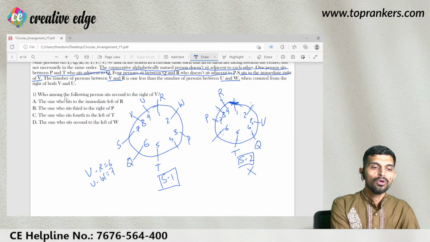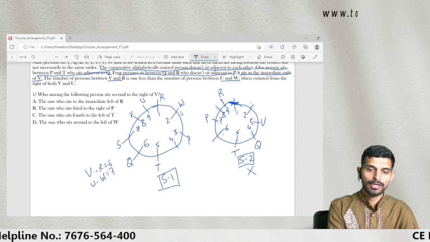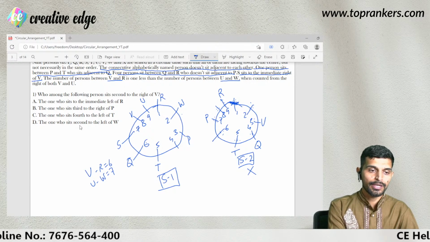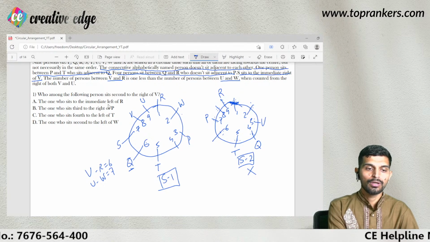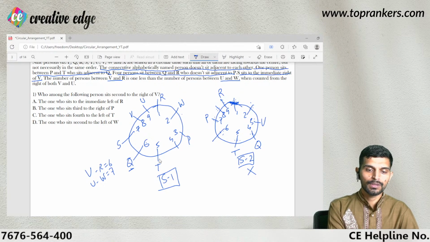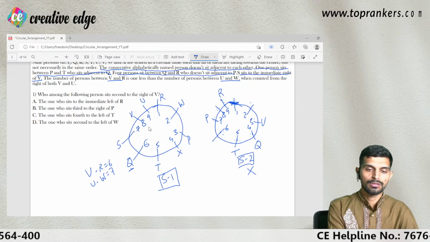Now see, who among the following persons sits second to the right of V? Second to the right of V, first, second. So Q, the one who is to the immediate left of R. The remaining person is X, right?